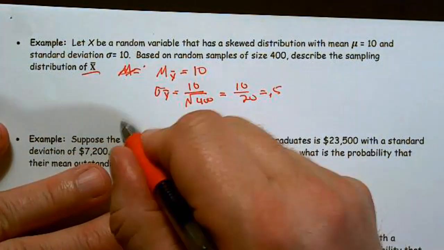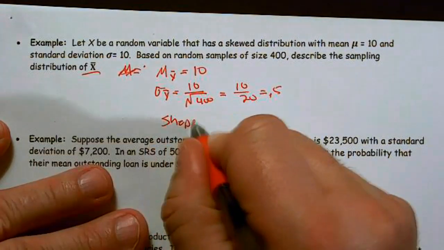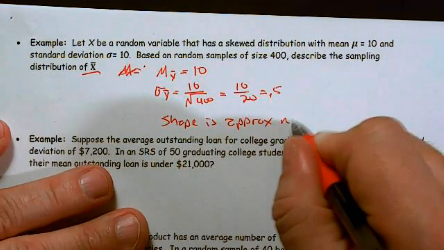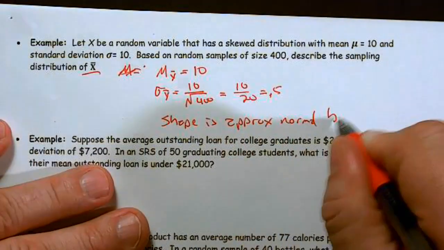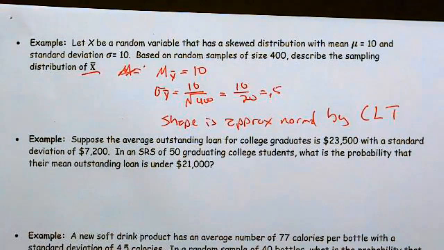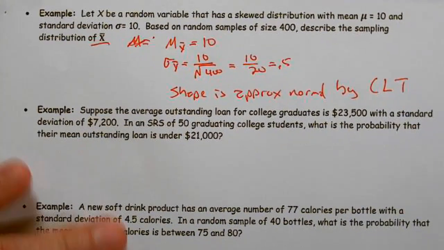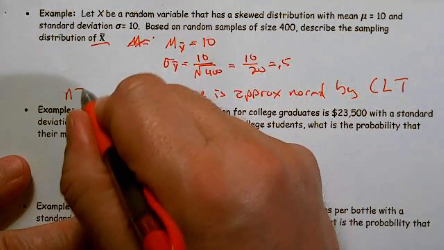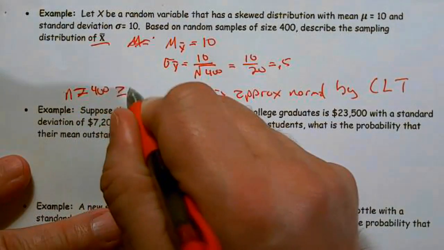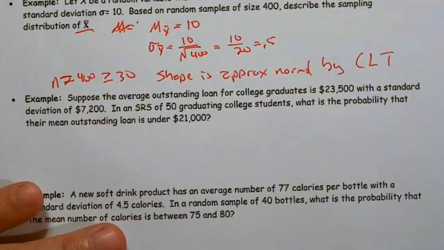And the shape is approximately normal by CLT. Don't abbreviate, but I'm going to shorten the video: by central limit theorem. All right, because our sample size n equals 400, which is greater than or equal to 30. Shape is approximately normal by central limit theorem.